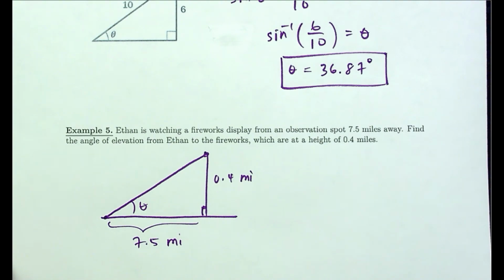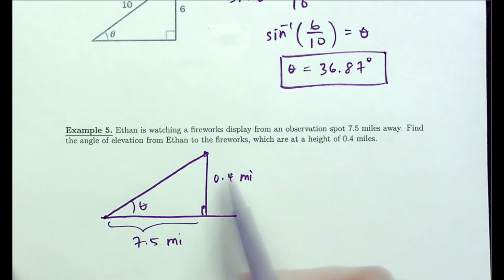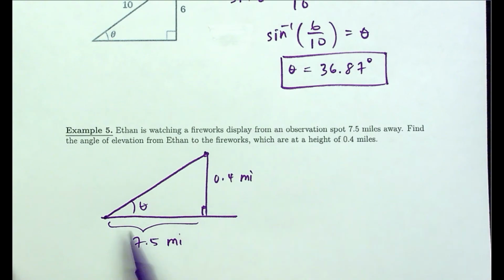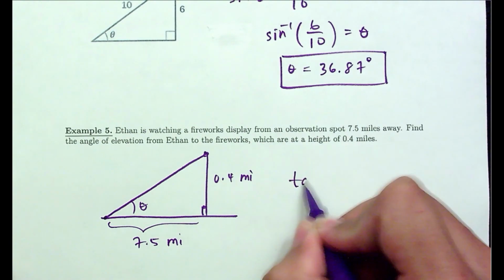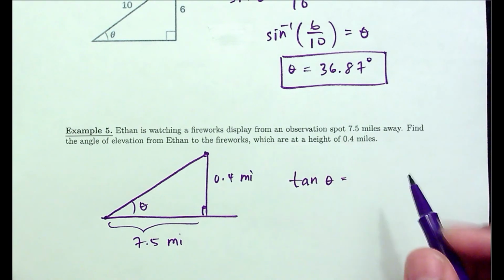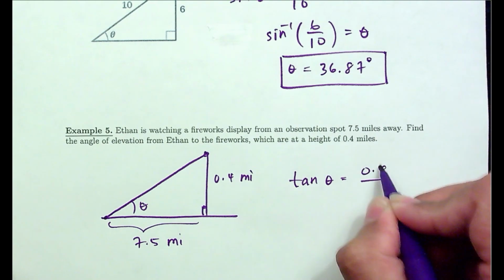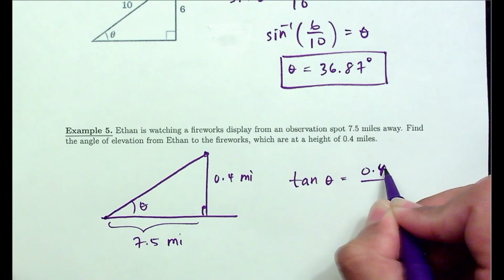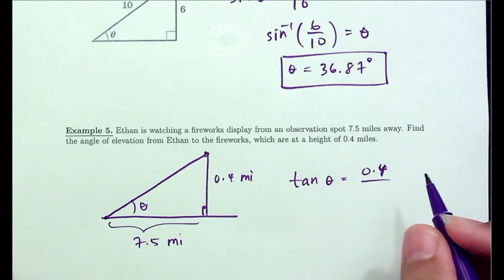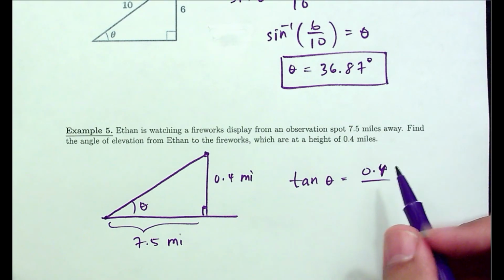Okay, so now think, what is the trig function that relates all these three things? This side, and that angle. Okay, the answer is tangent. Tangent relates all three things. Tangent of theta equals opposite over hypotenuse. So 0.4 over, oh, sorry, opposite over adjacent, my bad.